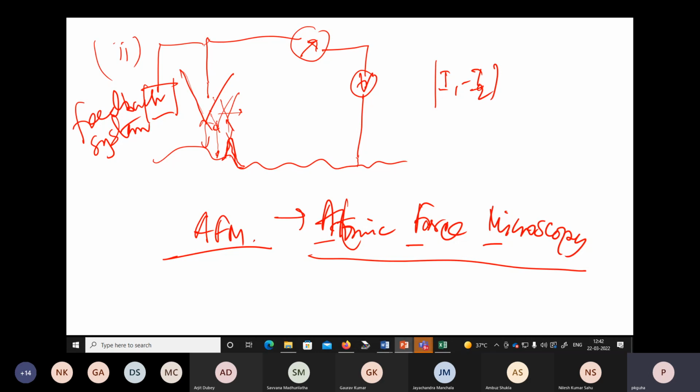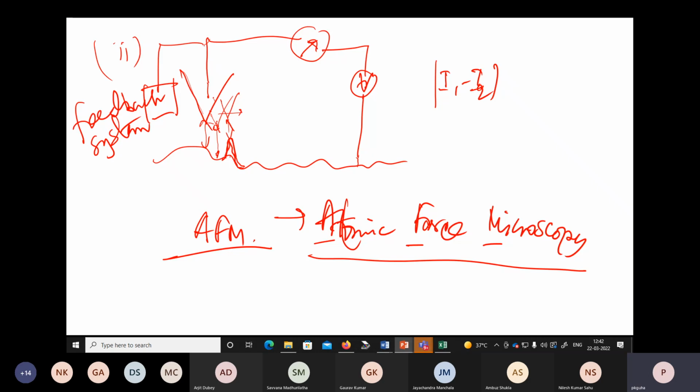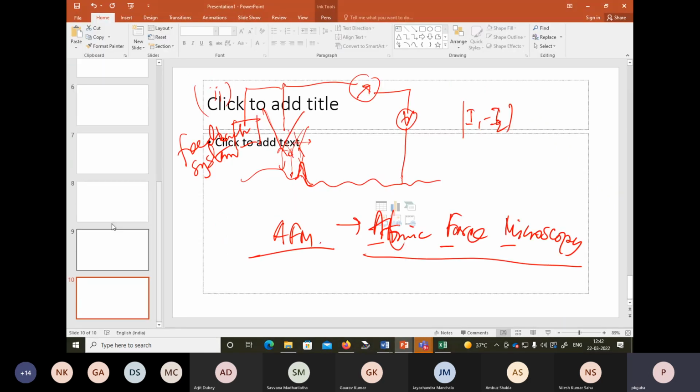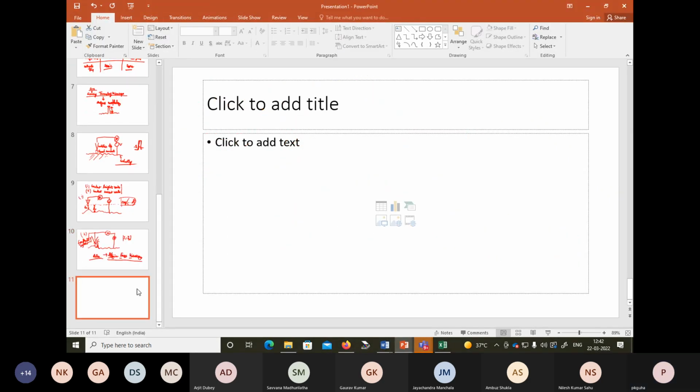This atomic force microscopy we will discuss in more detail in the next class, where you will see that in atomic force microscopy you keep the tip very close to the surface, and then you basically measure the position of the tip.